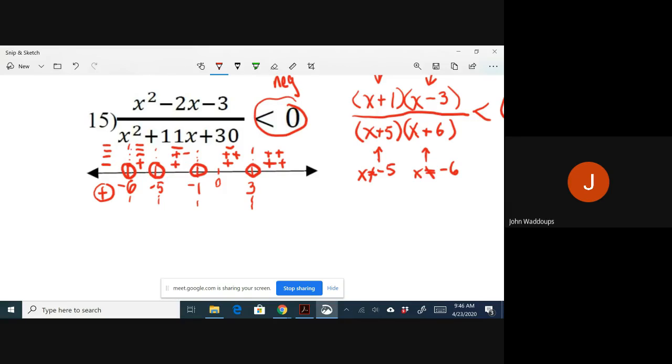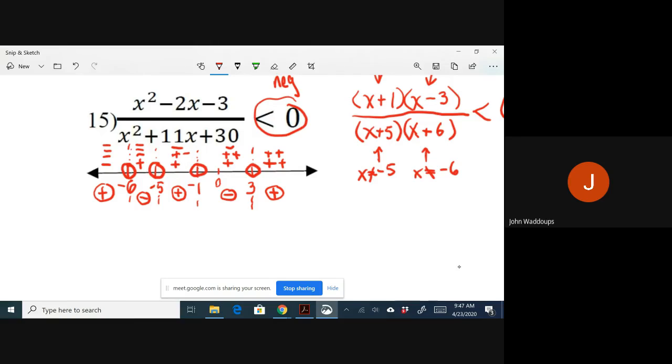On the next one, we have 3 negatives, so that would be a negative result. In the next instance, we've got 2 negatives, so negative times negative would be positive. In the next one, we have just the 1 negative, so it would be negative. And to the right of the 3, it would be positive.